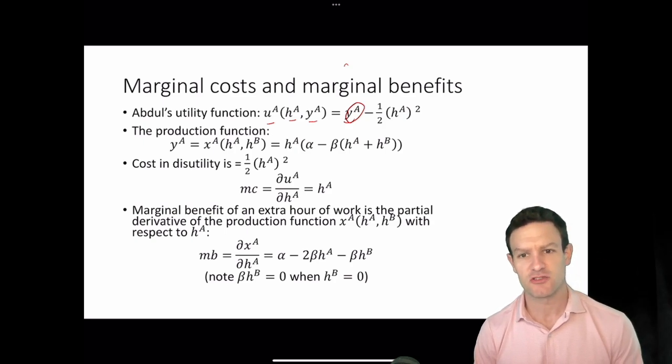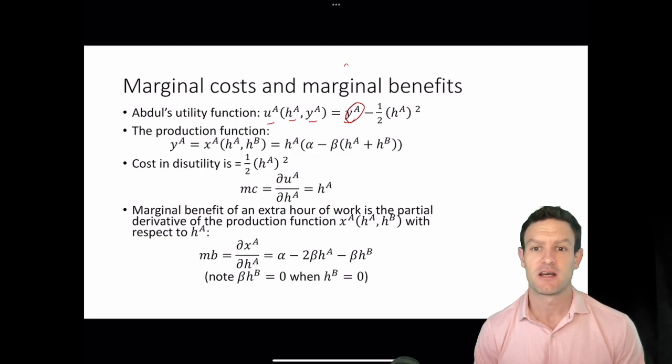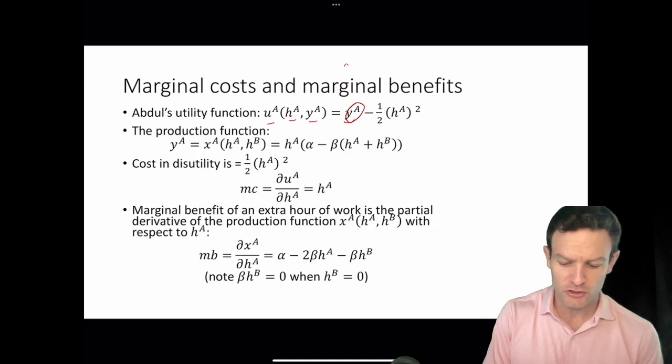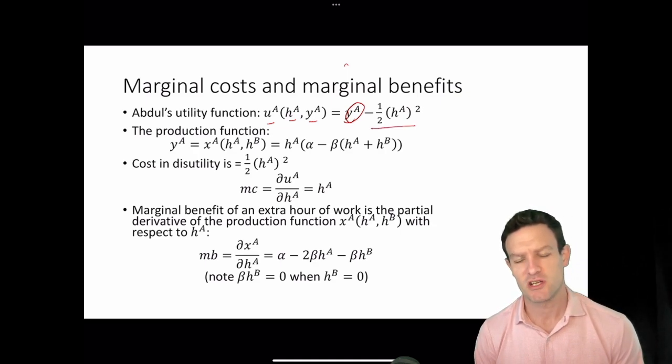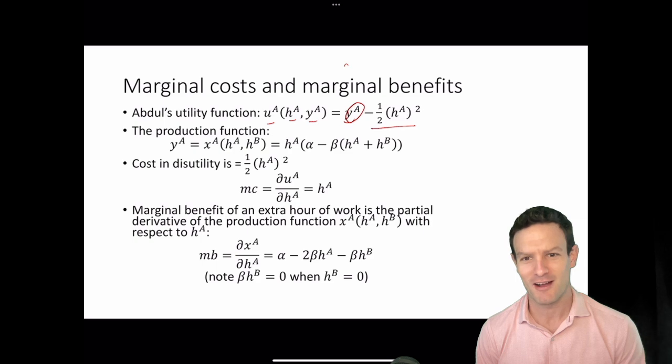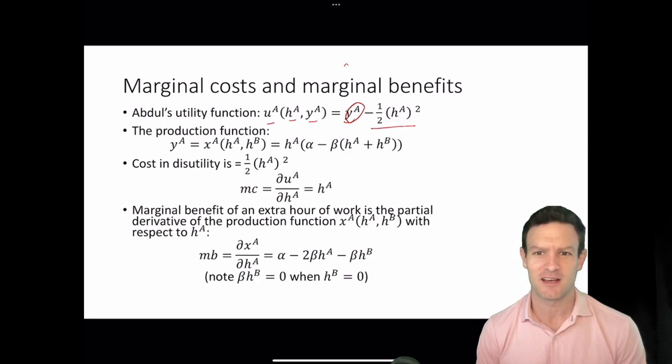So we know that his consumption of fish is something that has positive marginal utility. That is something that gives him utility. That's something he wants more of. But then he incurs a cost of fishing, which is minus 1/2 HA squared. So the number of hours that he spends fishing, square that, multiply it by 1/2, and take it away from his consumption of fish. That is his disutility from fishing.